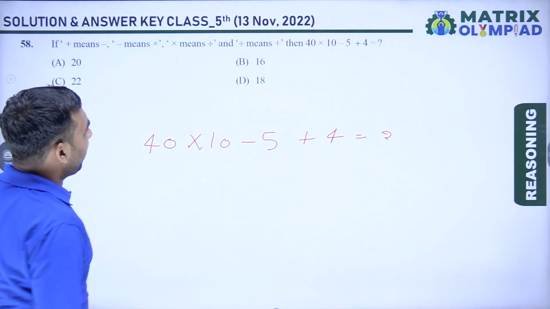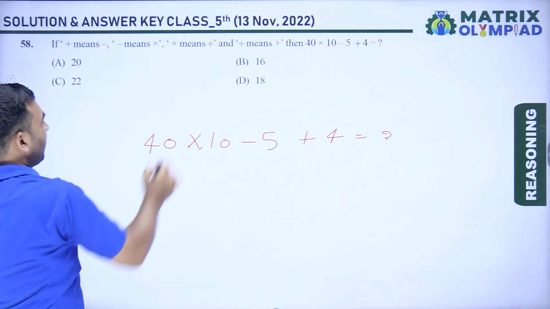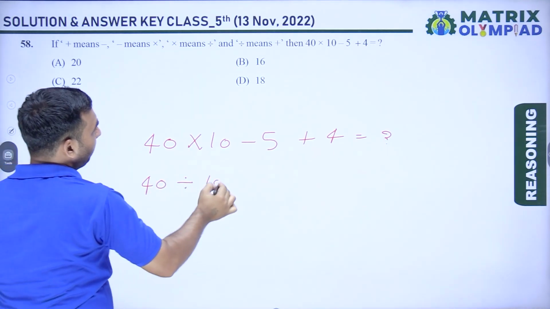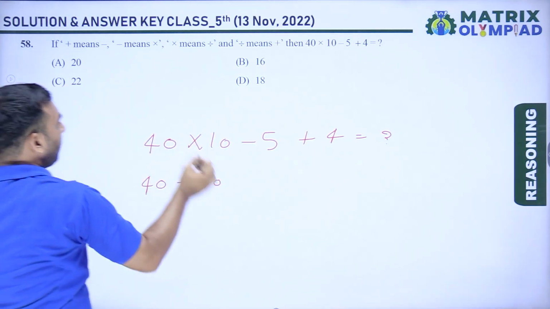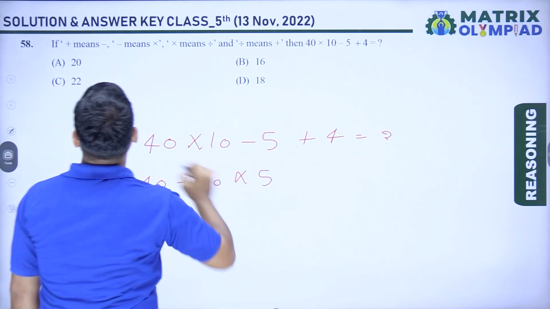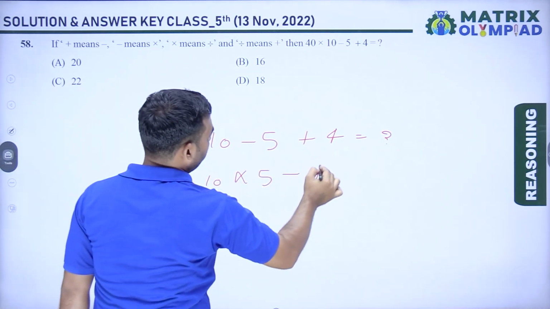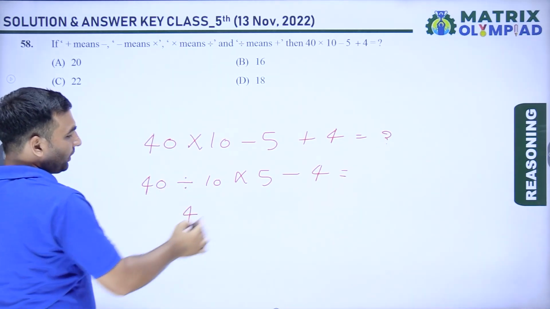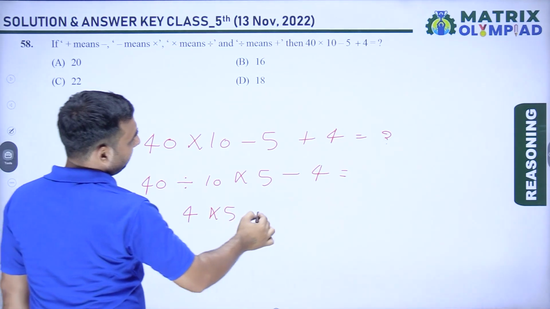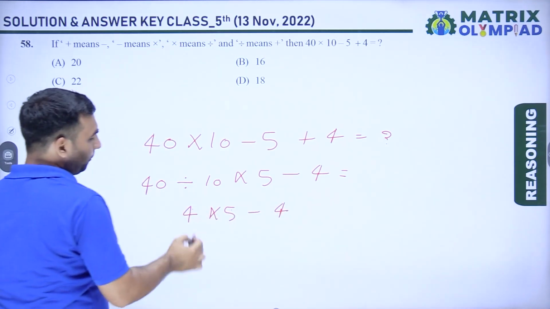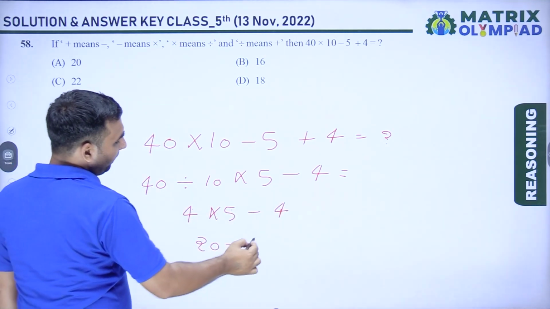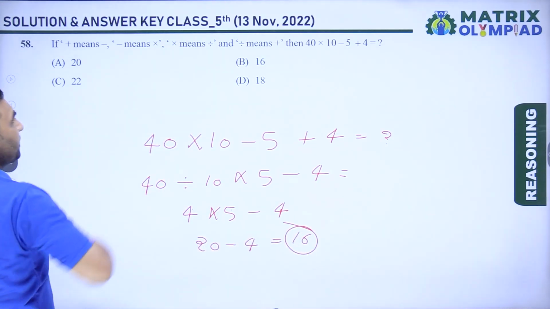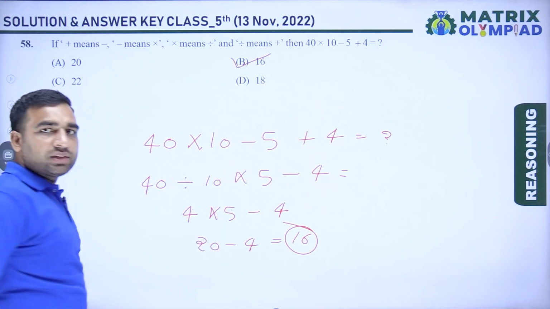If plus means minus, into means divide, and minus means multiply, then 40 divided by 10 is 4, times 5, minus 4. 5 into 4 is 20. 20 minus 4 is equal to 16. Our answer is 16. Option B is the correct answer.